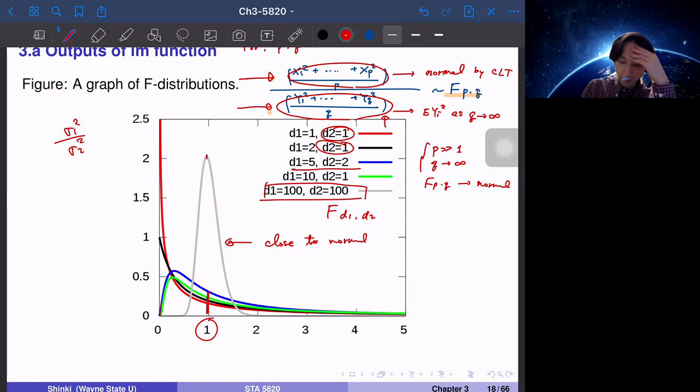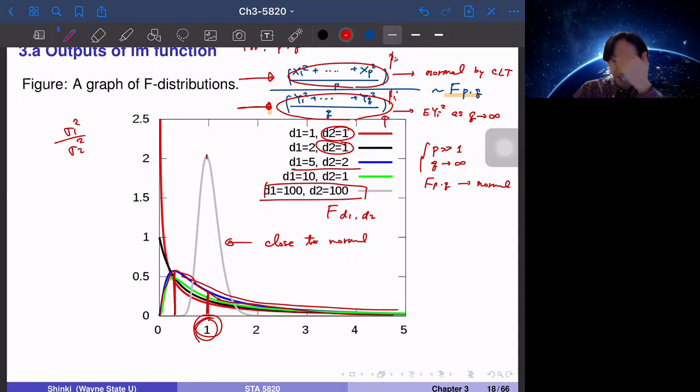For example, the blue line is skewed to the right, and the median is much smaller than 1. But you can expect the expectation to be much larger because it's skewed to the right. It's centered at 1 because both numerator and denominator have expectation 1.